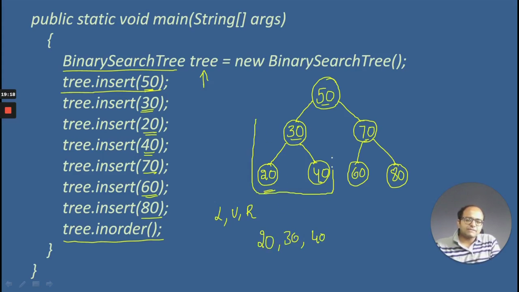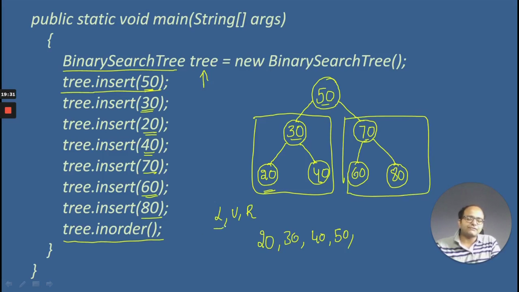Once the left subtree is completed, it will consider the root node, that is the visiting node 50 right now, and then the right subtree is considered. Within the right subtree, recursively again the left node key value, visiting node key value, and right node key value will be displayed, that is 60, 70 and 80 in this order.